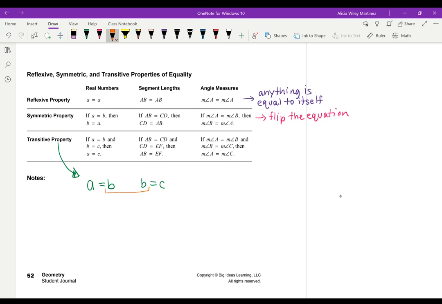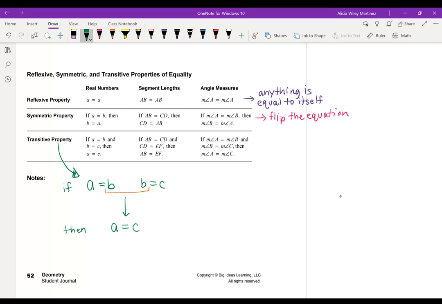But if these two values, A and C, are both equal to B, then we can say that A is equal to C. It's sort of like saying, if A equals 10 and C equals 10, well, they both equal 10, so they equal each other, right? So that's a way to explain it.